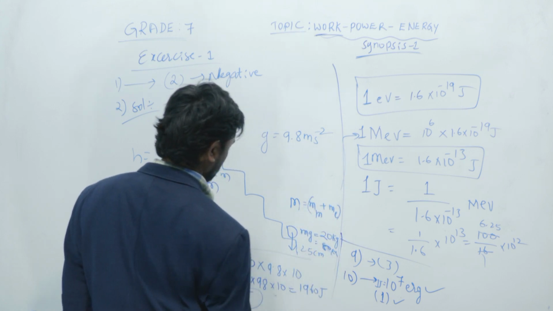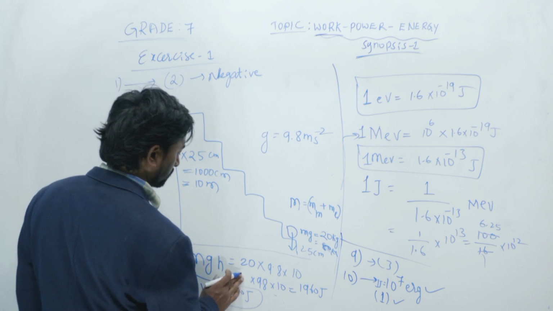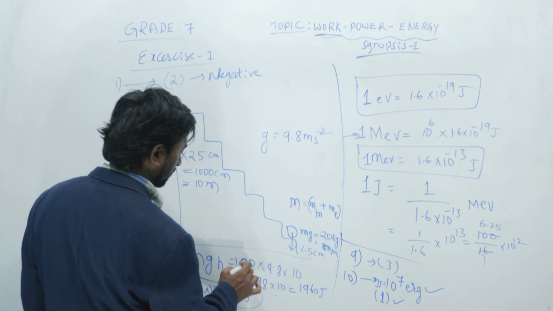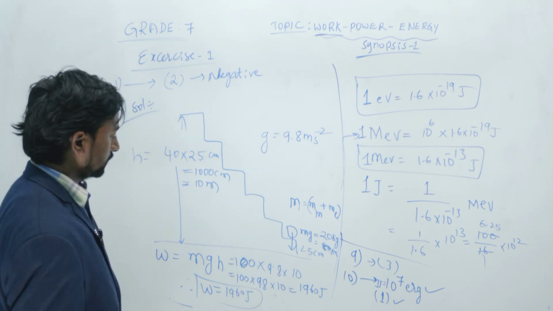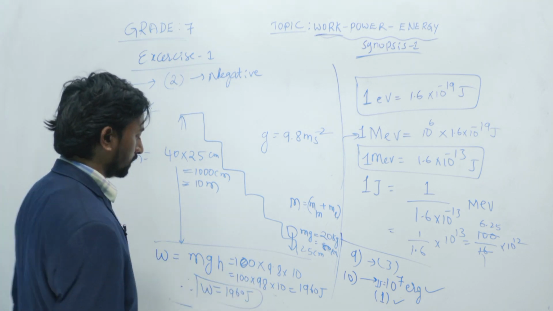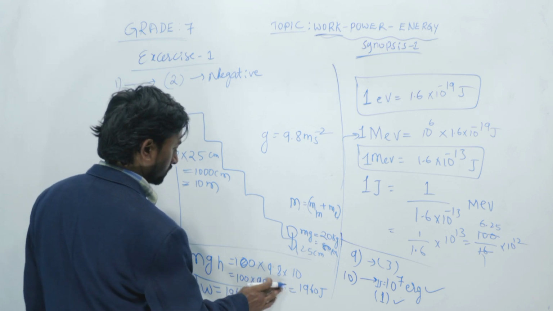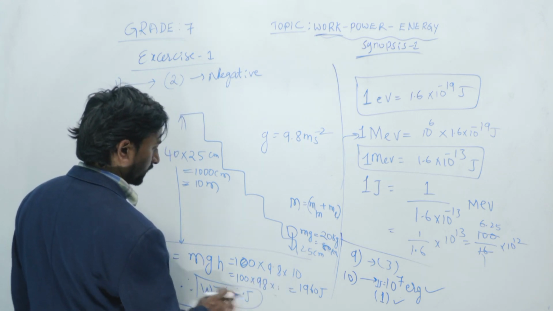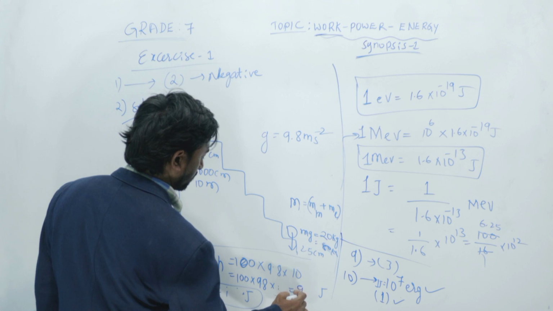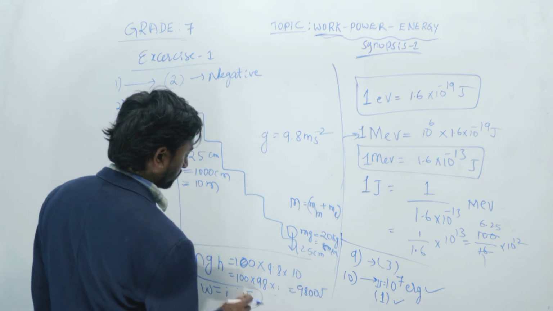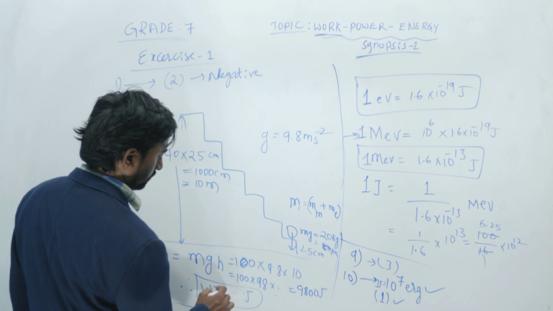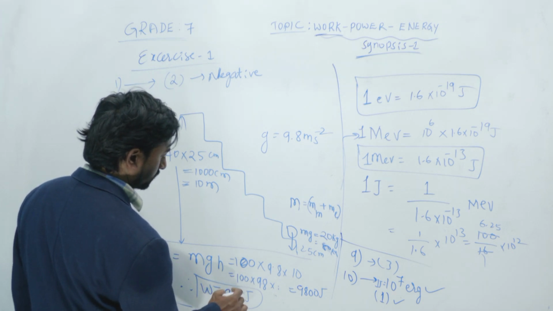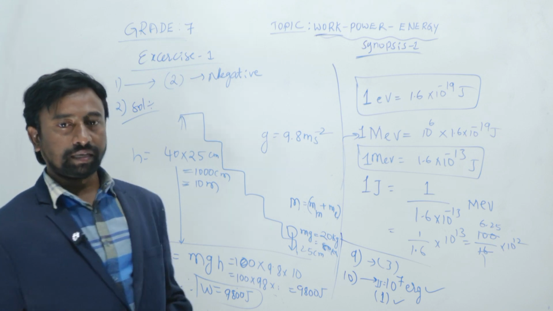Instead of 20, we write 100. With 9.8, the 10 will cancel. So we write 9800 joules.